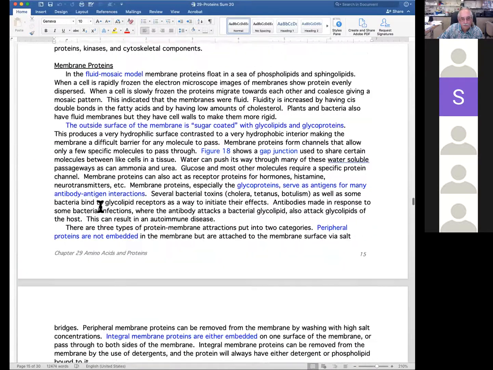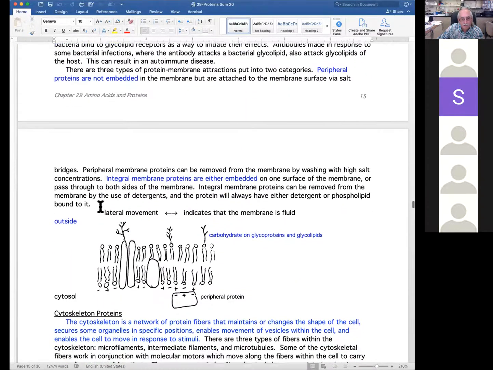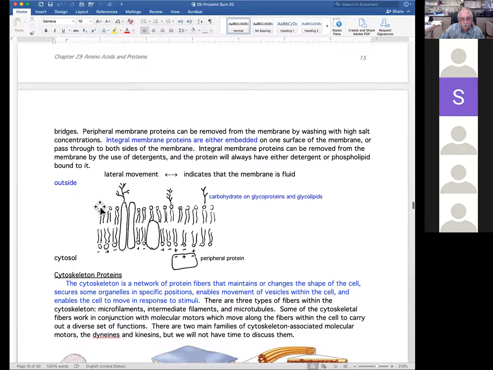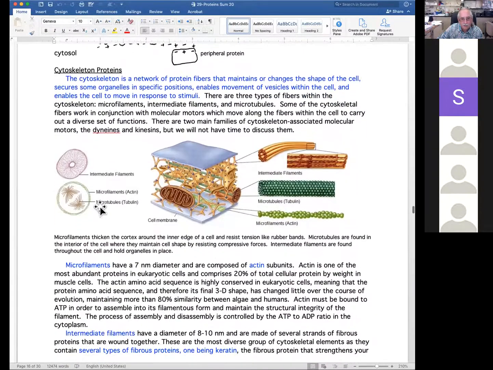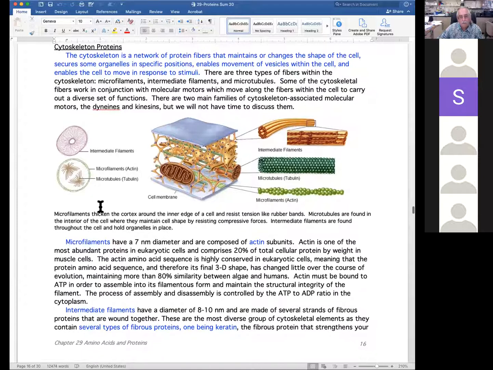Glycoproteins. Membrane proteins, probably don't need to talk about much. Cytoskeleton. Yeah, we probably should know more about that. I don't really know what they teach in general biology anymore, but most of this stuff was not known when I took general biology.